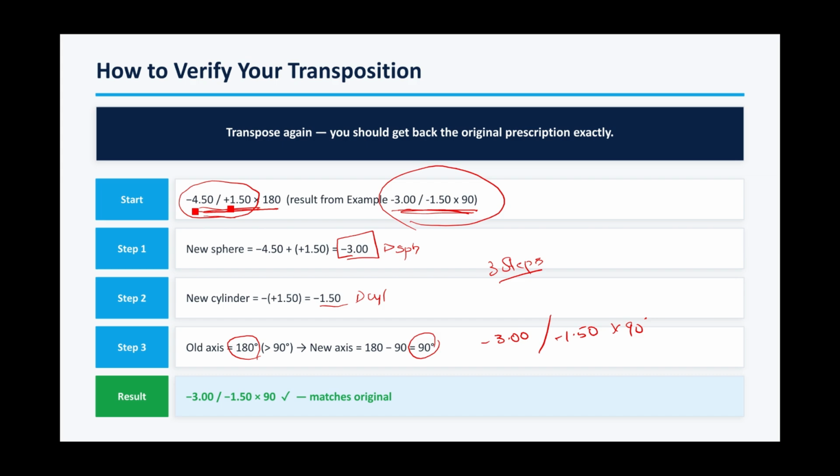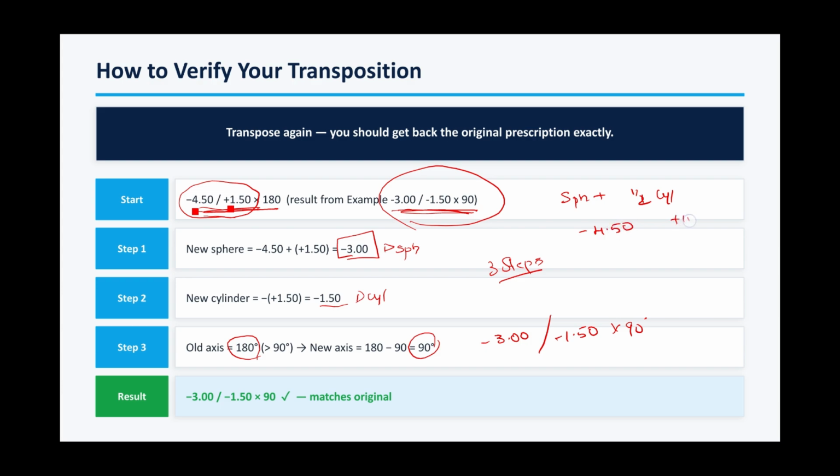Okay, another way of verifying our transposition is to find out the spherical equivalent. So what is spherical equivalent? Spherical equivalent is nothing but sphere plus half of cylinder. Again, it is an algebraic addition. So what is the sphere here? It is minus 4.5. What is the cylinder?